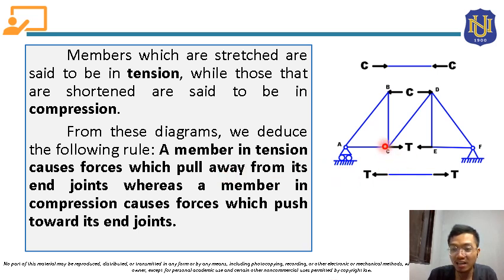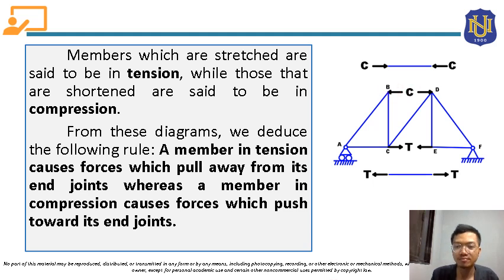It will be directed away from the joint. Whereas a member in compression causes forces which push toward its end joints. So for joint B, the member attached here is in compression, so the force here will push toward this joint. That's why it is directed toward the joint.